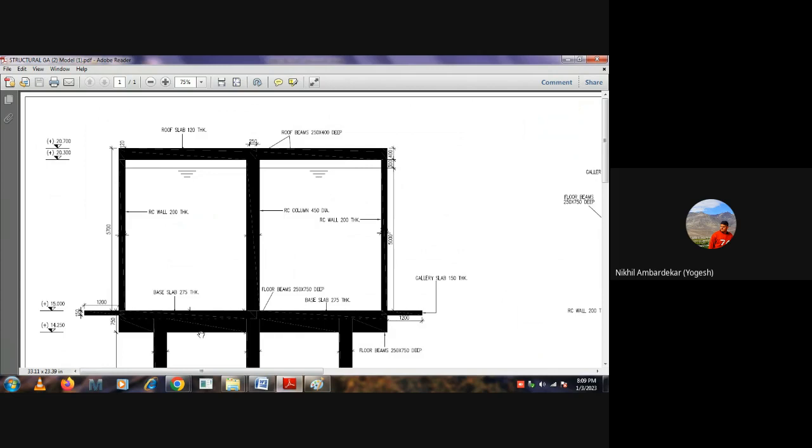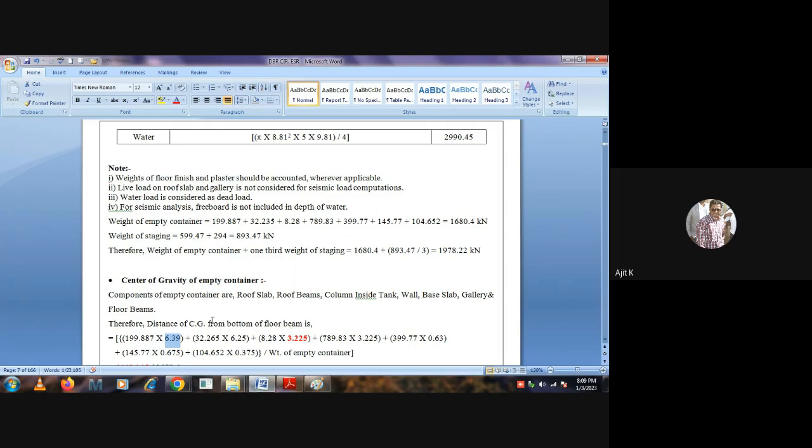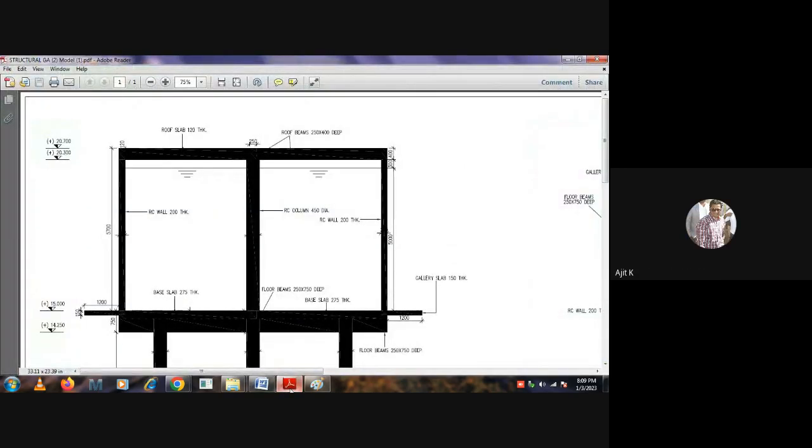How did this 6.39 come? 0.75 plus 0.75 plus 5.7 minus the thickness 0.12 by 2. Absolutely correct.